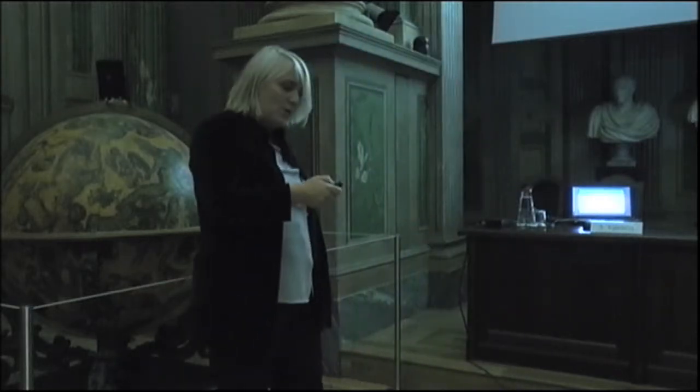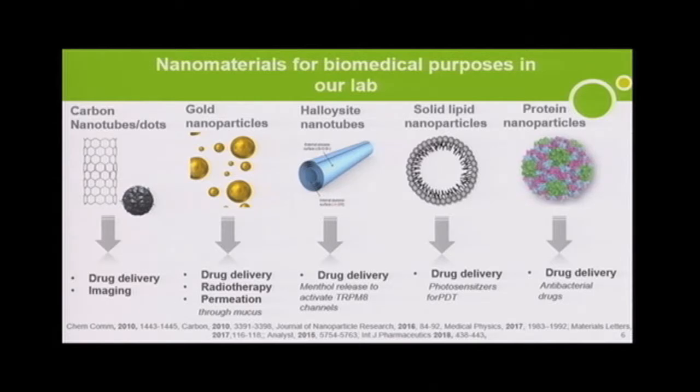In our lab, we used different types of nanosystems in order to overcome some drawbacks of some new molecules that had to arrive to the market. And we used different types of nanomaterials like carbon nanotubes and carbon nanodots, gold nanoparticles, halloysite nanotubes that are aluminosilicate derivatives, solid lipid nanoparticles, and in the last years we also prepared some protein nanoparticles.